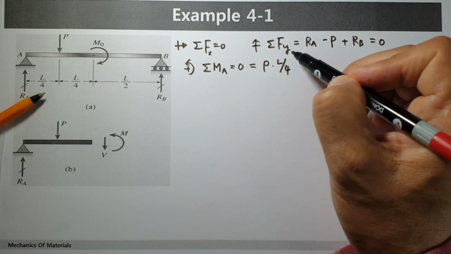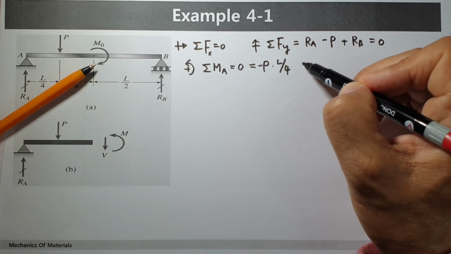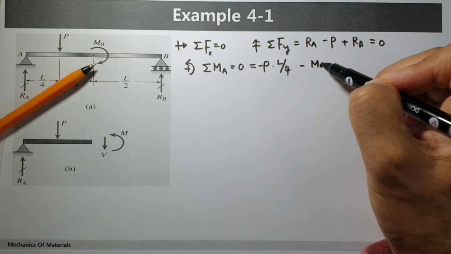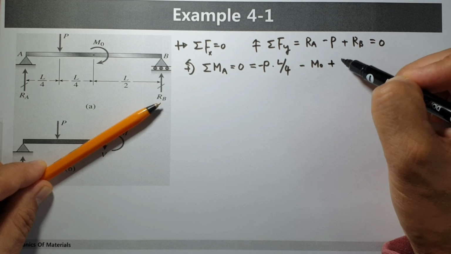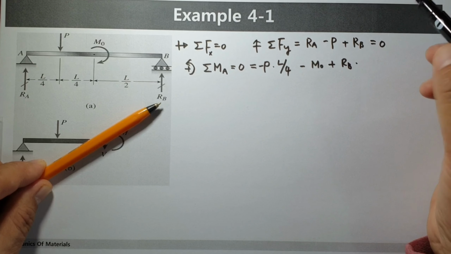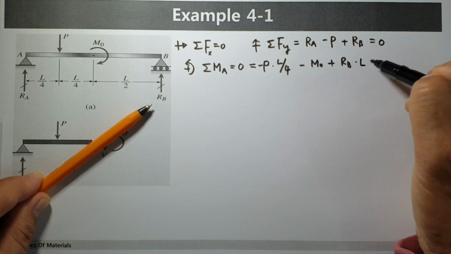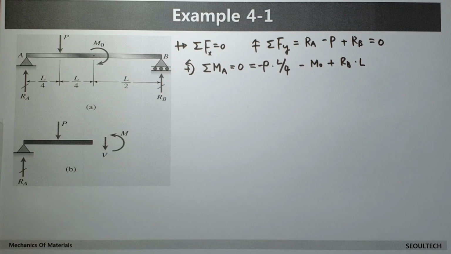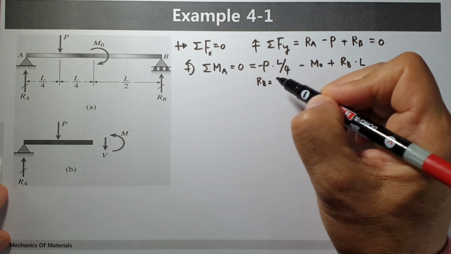This direction is a minus value. Then next, this one is also a minus value, minus MO. And this one, RB, and the total length is L. It equals 0.